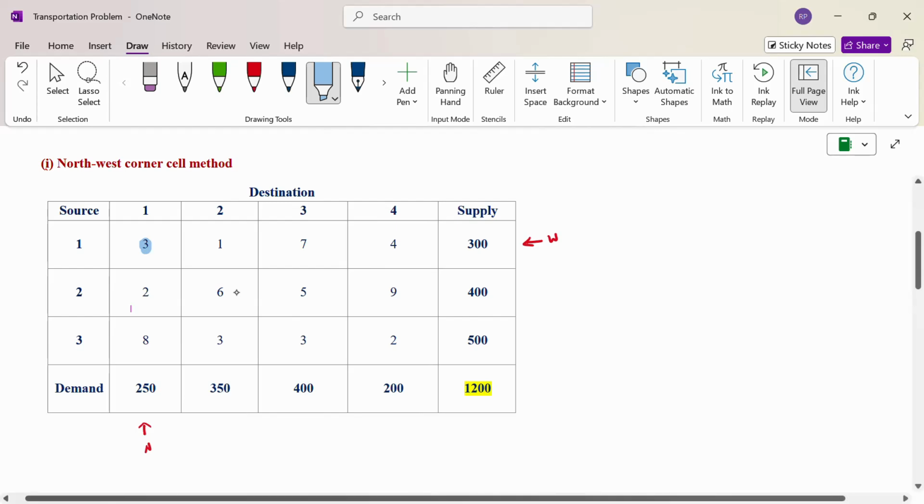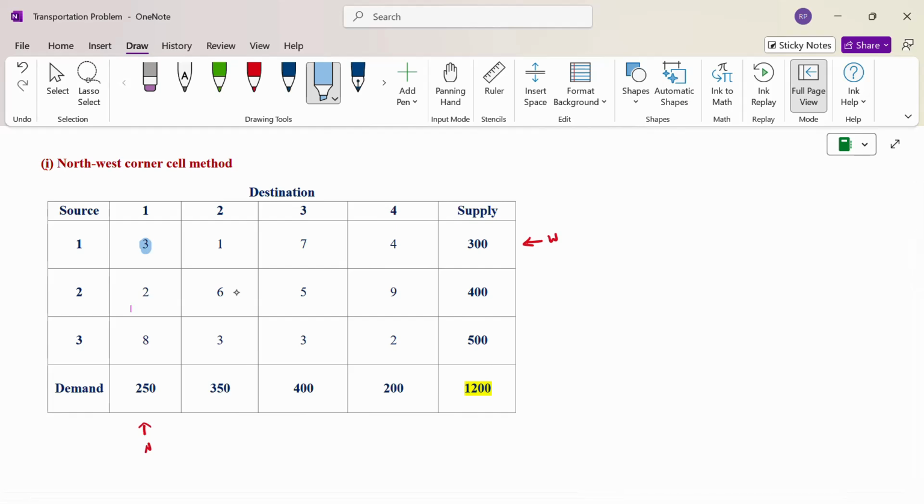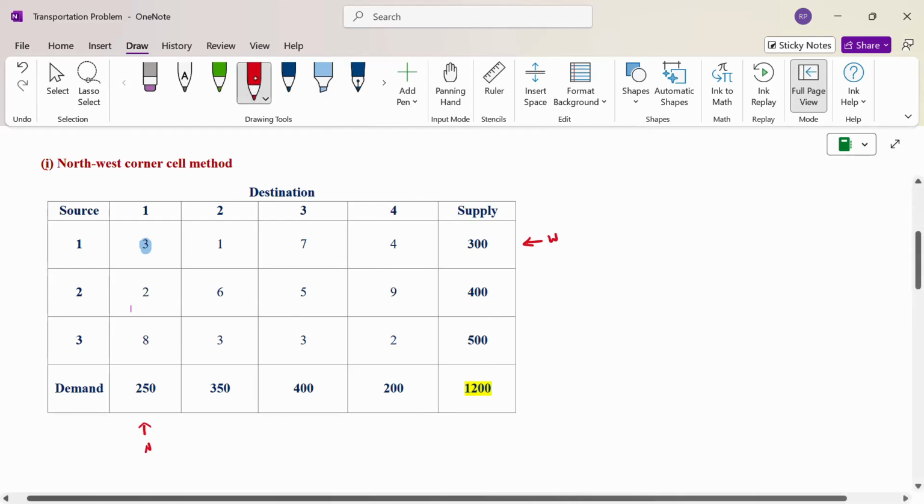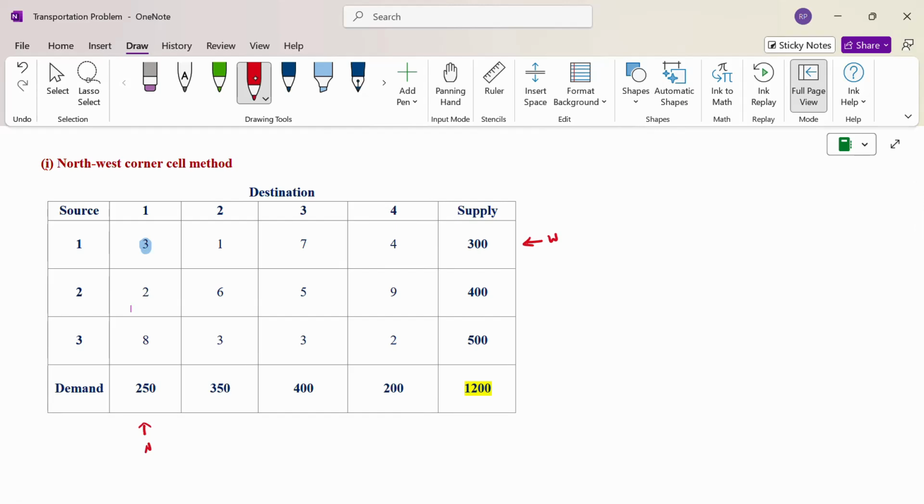What value? Look at the supply value 300 and demand value 250. Compare supply and demand and allocate the minimum value to the selected cell. Demand 250, supply 300, so the minimum is 250.